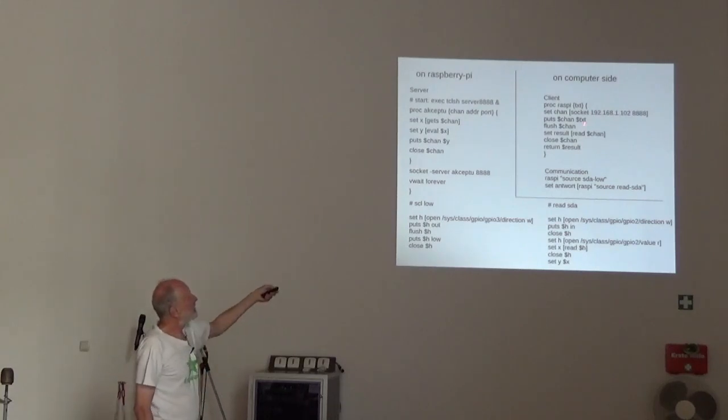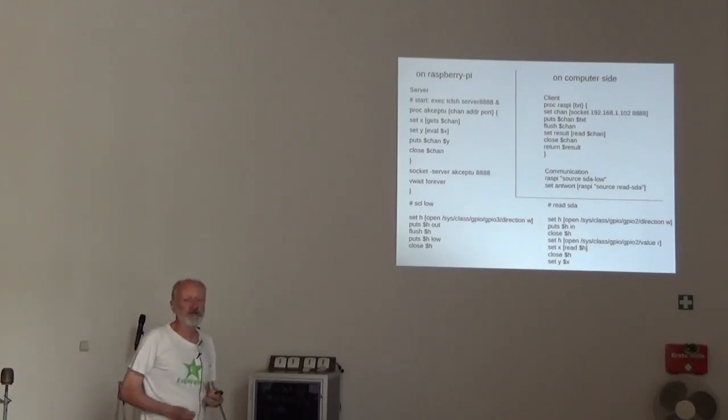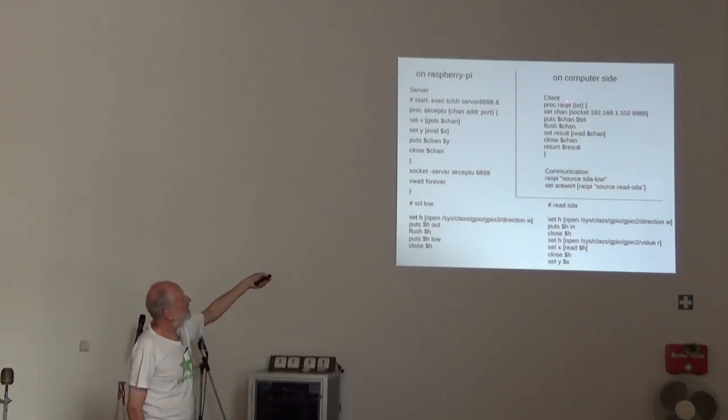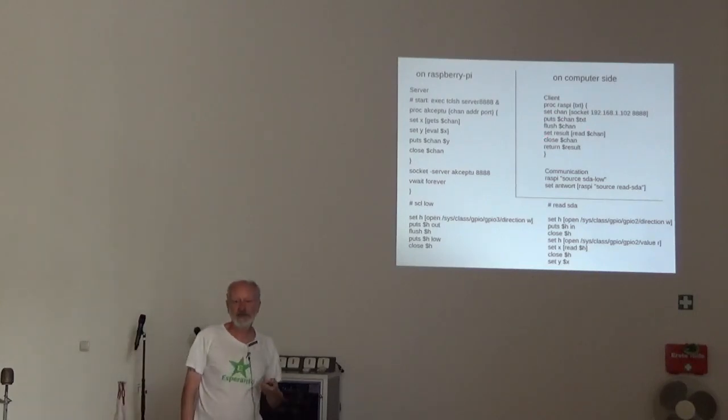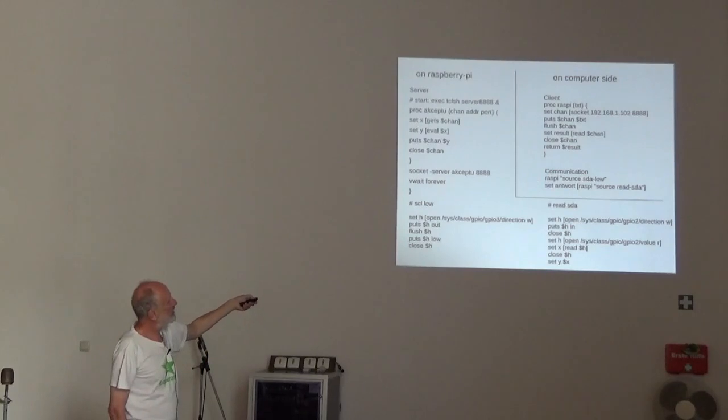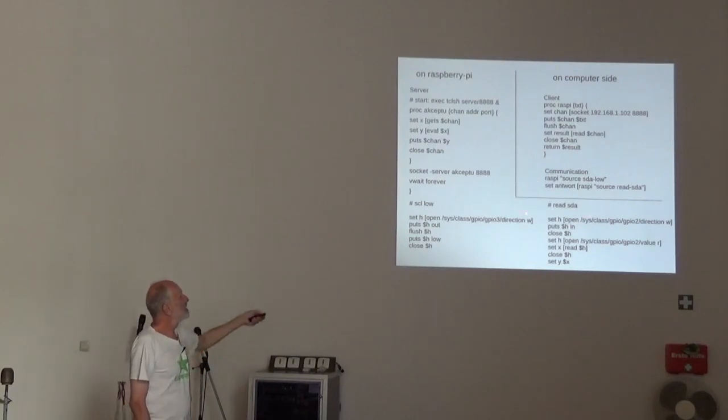And on the computer side, one procedure is the procedure Raspberry text, which is a web client that will send commands to the Raspberry Pi. And one communication is, for example, Raspberry source data low.